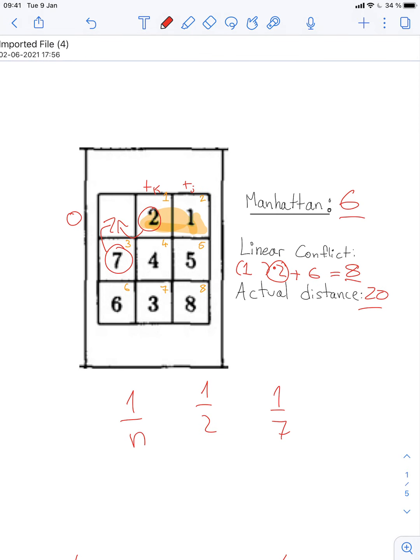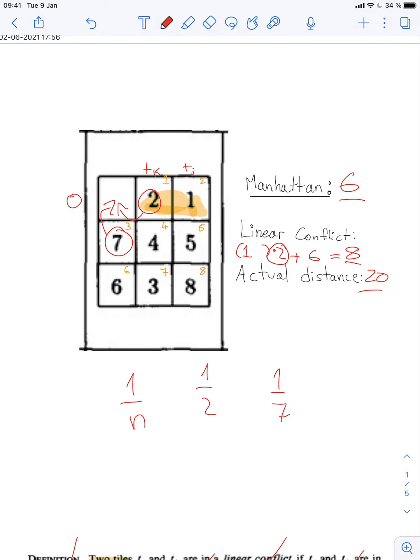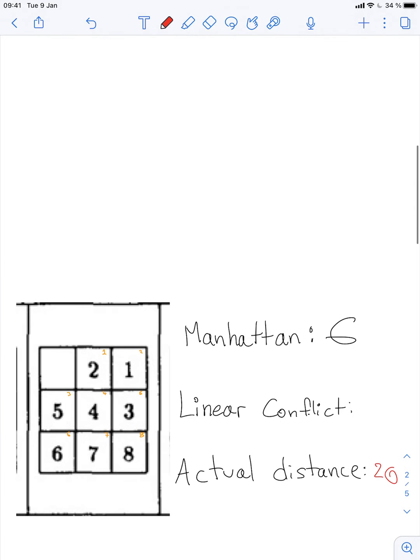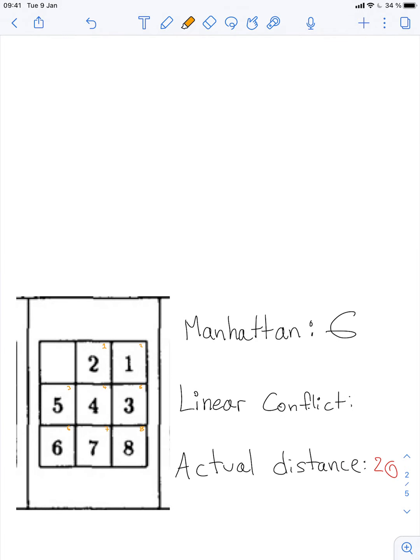Now let's look at some other examples to have it clearer in our mind what the linear conflict heuristic does. So let's look at this one right here. We first have to identify all of the linear conflicts. So the linear conflicts of this problem are this one, and this one.